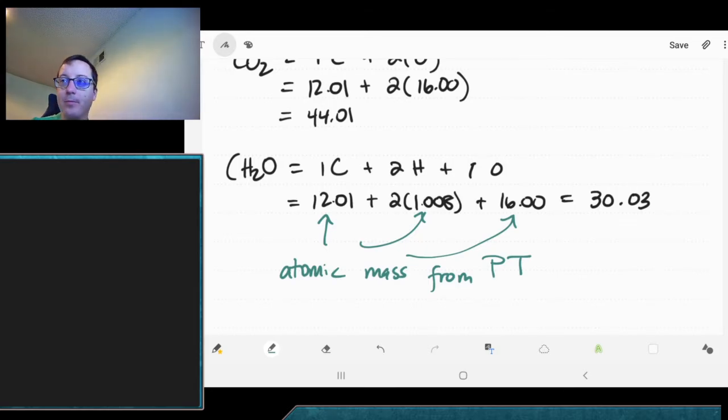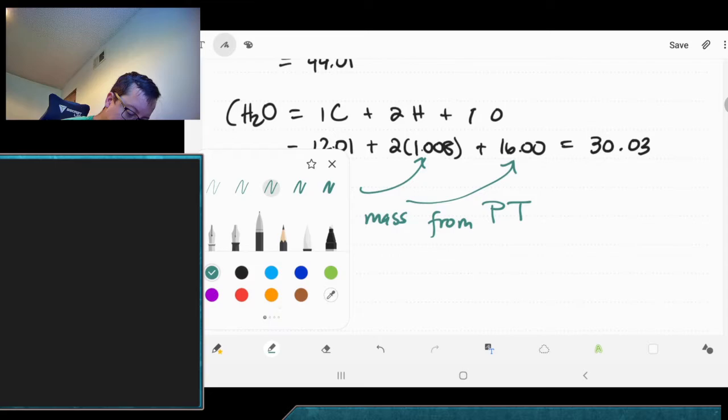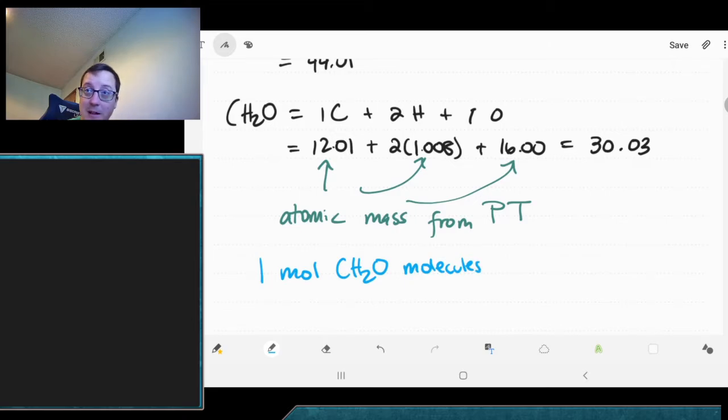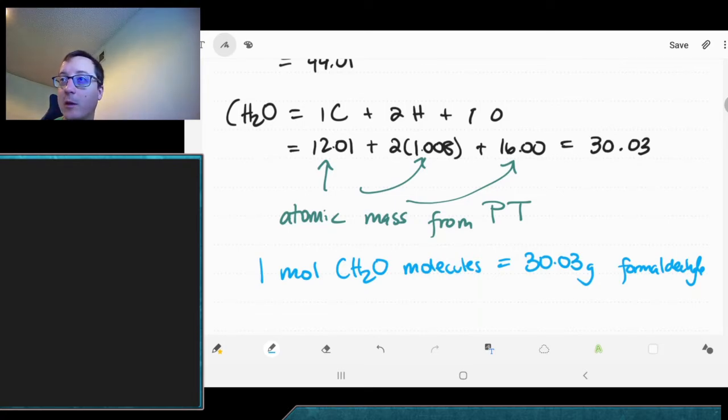All right. So, molar mass. Again, all of this tells us 3 things. We know that 1 mole of formaldehyde molecules is 30.03 grams formaldehyde. I'm sorry, I'll just say H2O. That's the most useful conversion factor we get out of this.